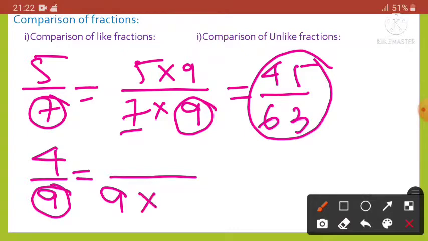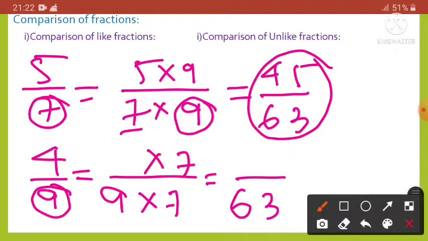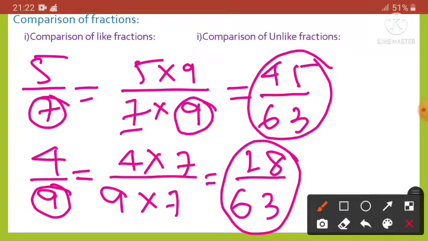So if we multiply 9 with 7, it gives us 63. Also we have to multiply 4 with 7. We have to multiply numerator and denominator with the same number, so we now have 28 by 63 for the next fraction.